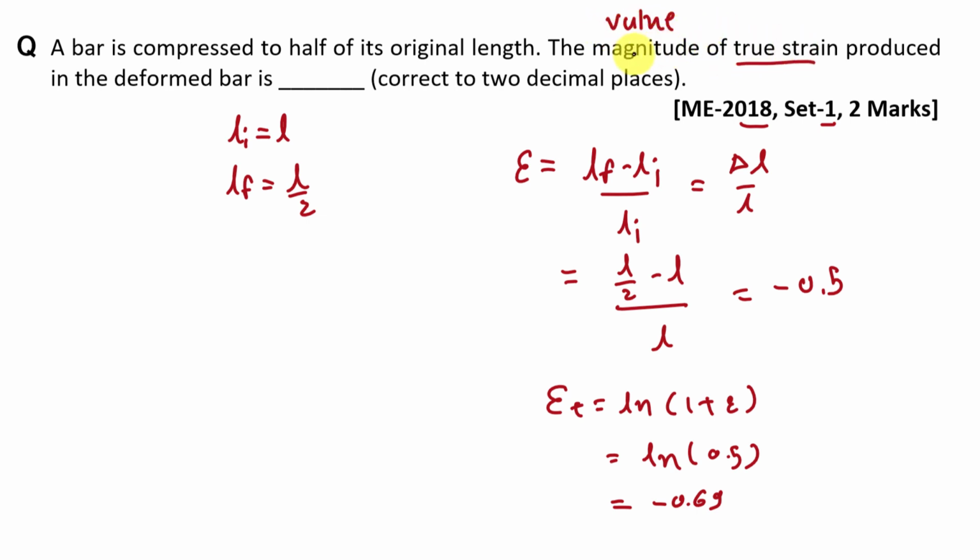But in this question we have to write the magnitude of true strain, and I have told you that whenever the word magnitude is mentioned in the question, we have to write this value positive. Means here we have to write 0.69. We don't have to write negative sign in this answer. Fine. So here our answer is 0.69 and we have to write answer up to 2 decimal places. So this simple question is for 2 marks.